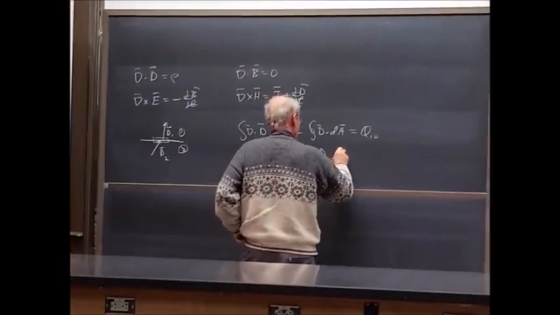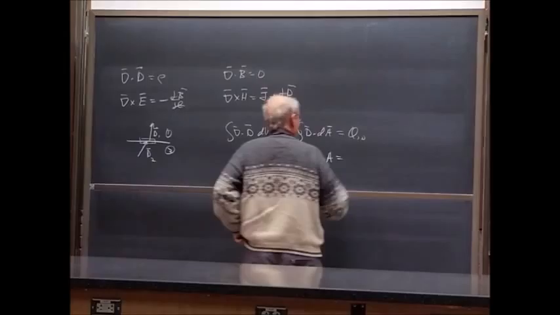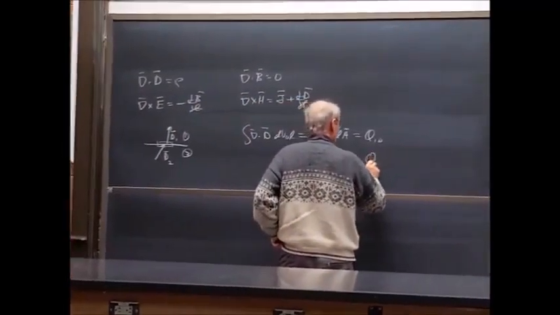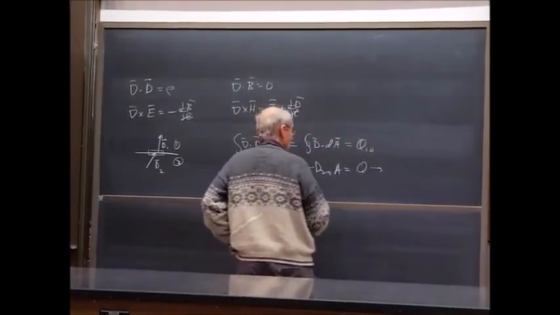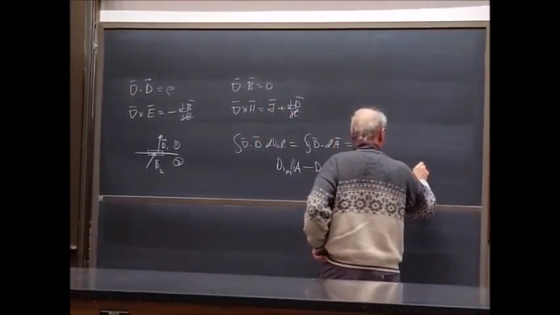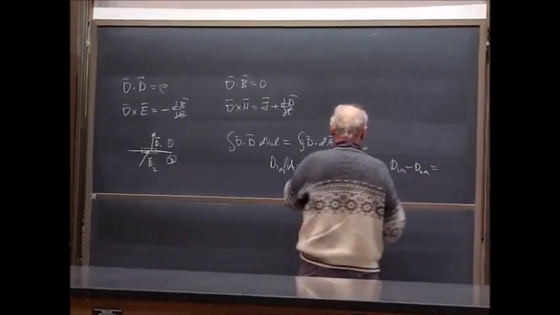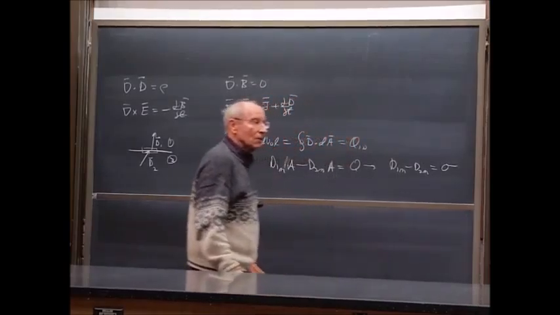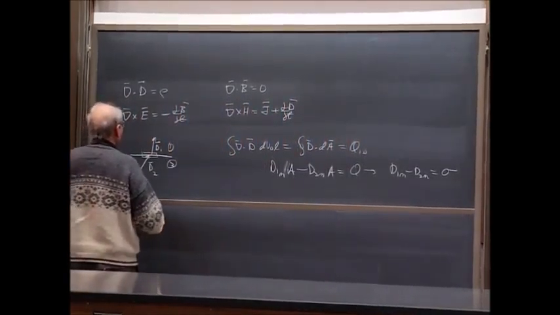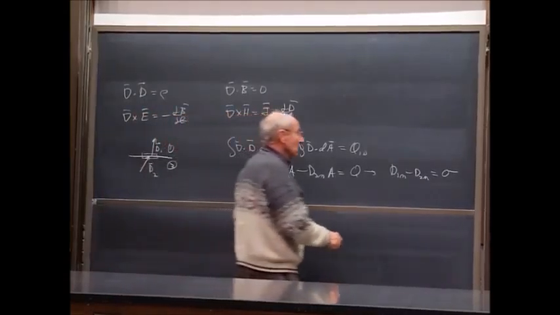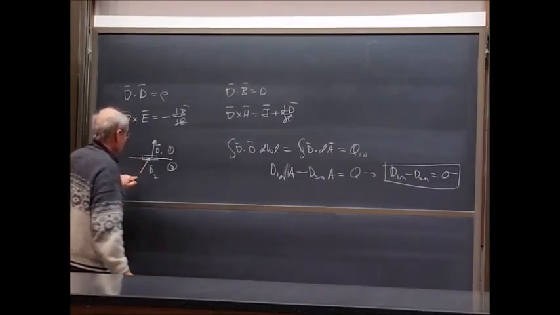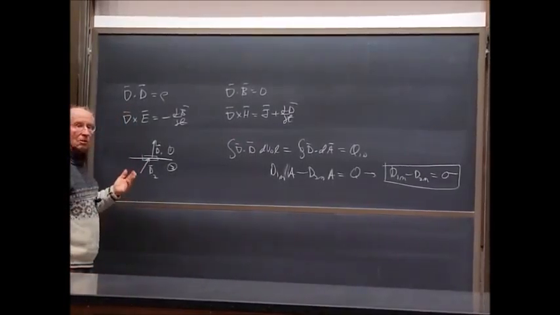So minus D2 normal times A equals the charge that's inside this box, Q. Divide by the A's and you get D1 normal minus D2 normal. Charge divided by area is the charge density on the surface. So the first boundary condition is that D1 normal minus D2 normal, top surface minus bottom surface, normal components must be equal to the charge density on the surface.